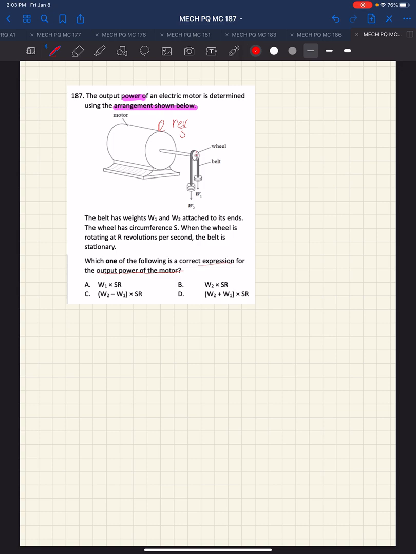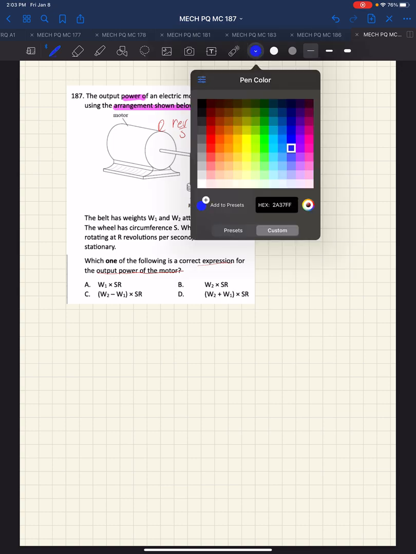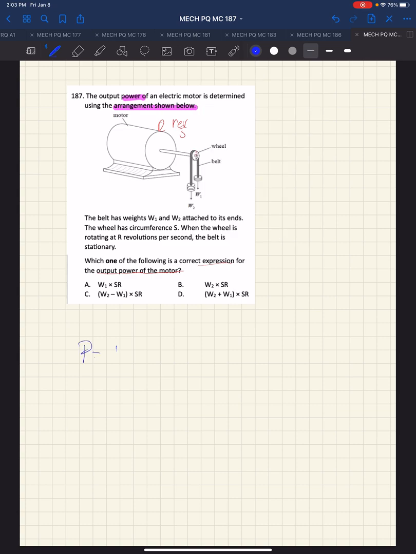Well, we'll start with power. Power equals work divided by time, which is force times distance over time, F times v. So those are the possibilities we have there. And what do we know?